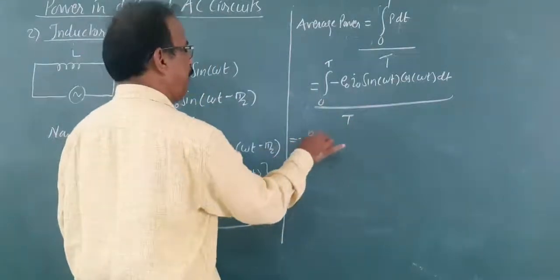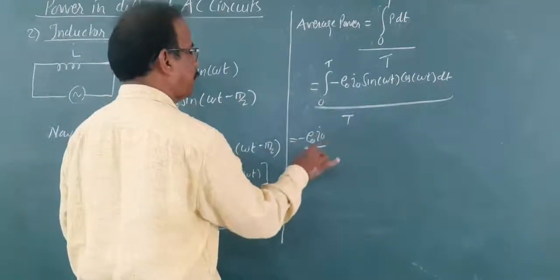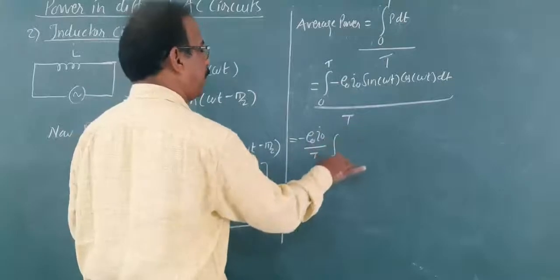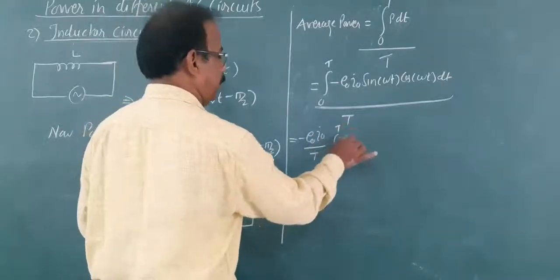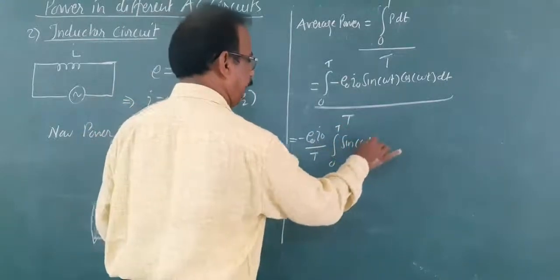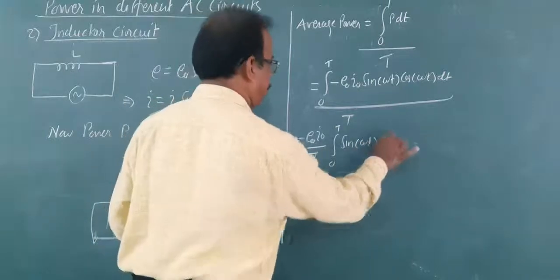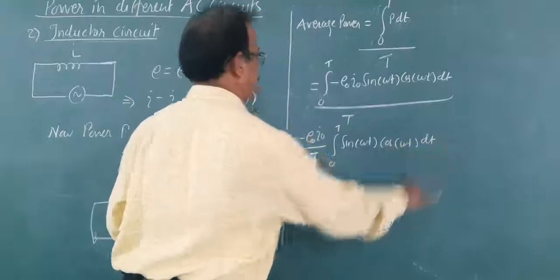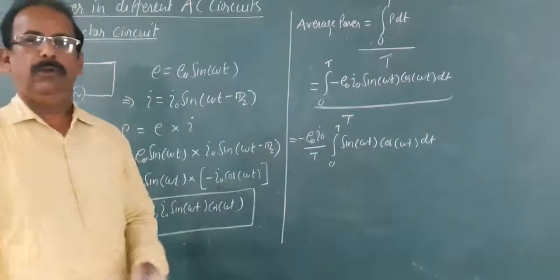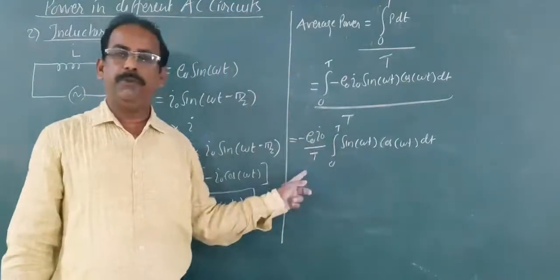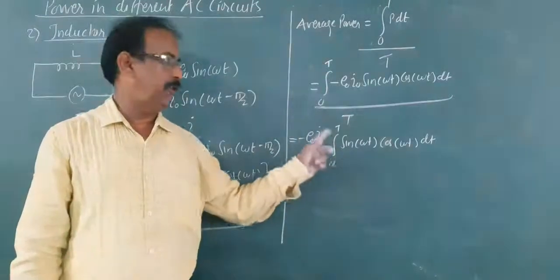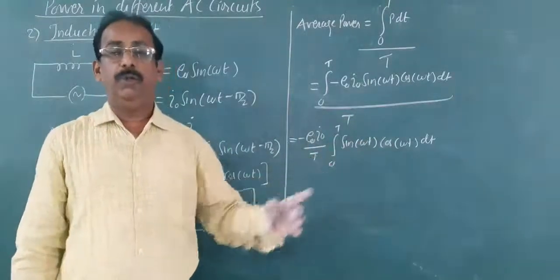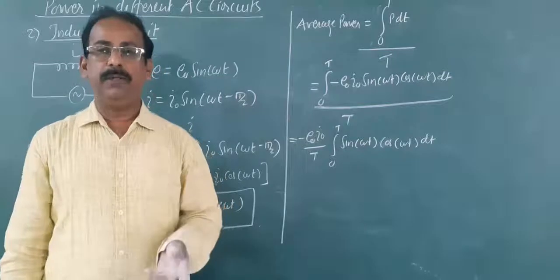You can take minus E0 I0 out of the integration. In the integral, from 0 to T, sine of omega t into cos of omega t dt. Multiply and divide by 2. You get 2 sine omega t into cos omega t, which we can write as sine of twice omega t.